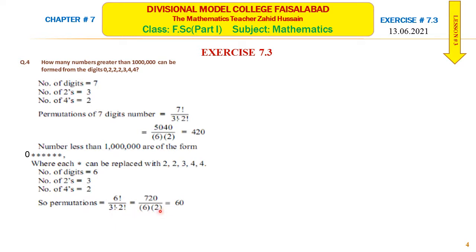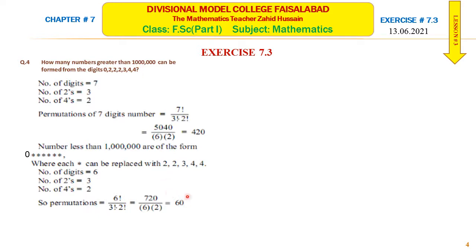Dividing 720 by 12, we get 60. These are the total number of arrangements in which the numbers are greater than 10 lakh and numbers are less than 10 lakh. But we are asked to find the number of arrangements which are greater than 10 lakh.